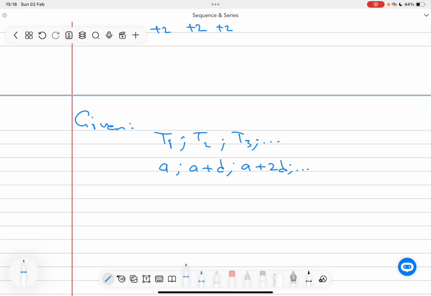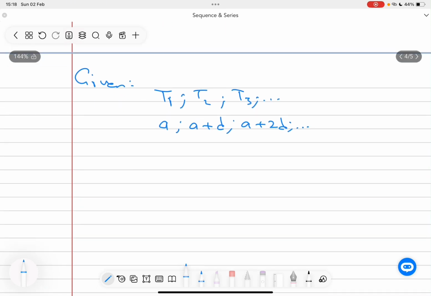If I were to say here term 2 minus term 1, I will actually have A plus D, which is term 2, and I'm going to subtract the A from it, which is term 1.